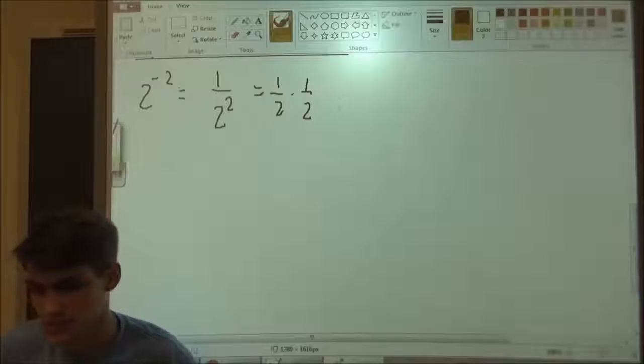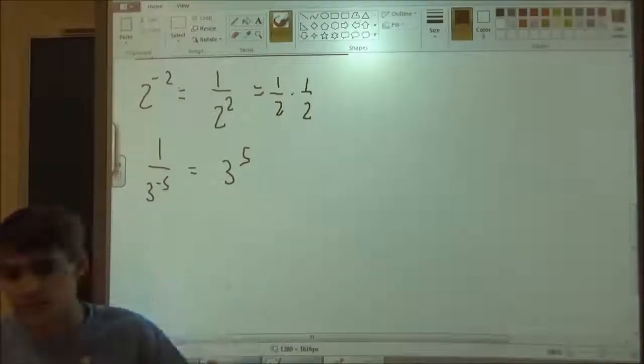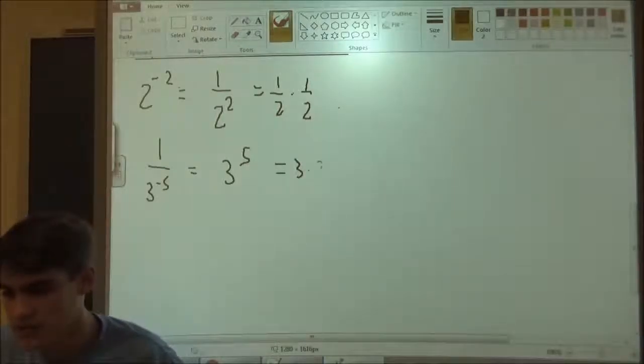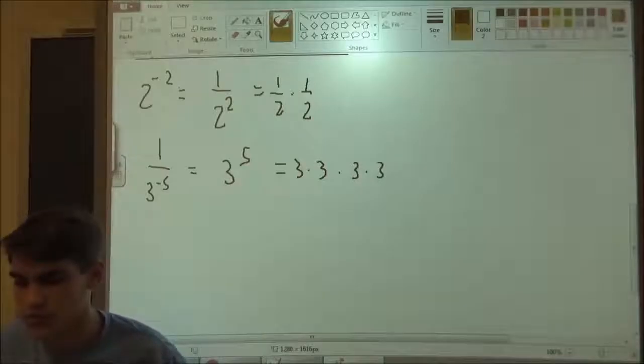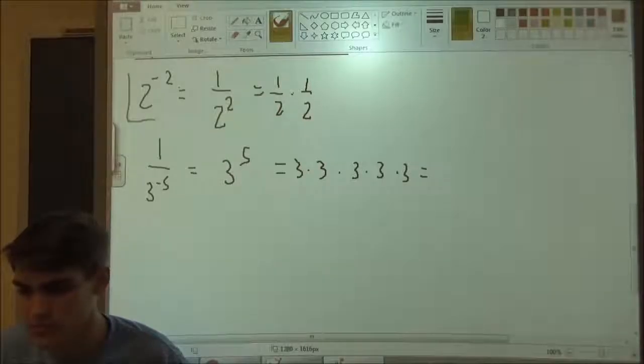Same for this, 1 over 3 to the negative 5. I know that's 3 to the 5, because you just take what's on the bottom and flip it up to the top, and that's equal to 3 multiplied by itself 5 times. And in general, we always stick with the simplest form. It's about writing as little as possible.